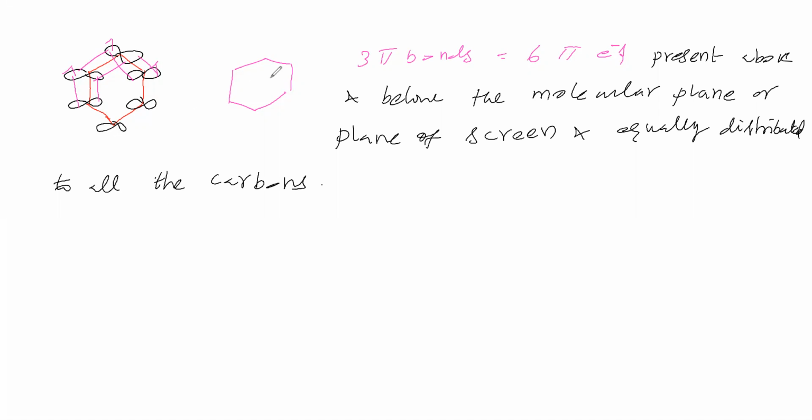Therefore, the pi electron cloud we will represent as a ring. Therefore, the 6 pi electron cloud we are representing as a ring.